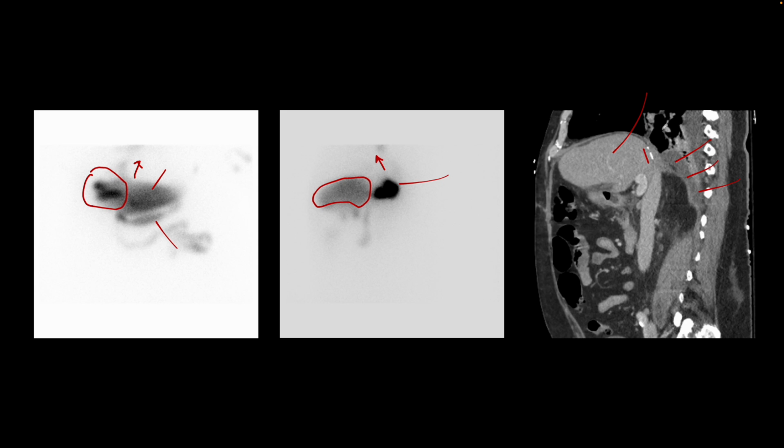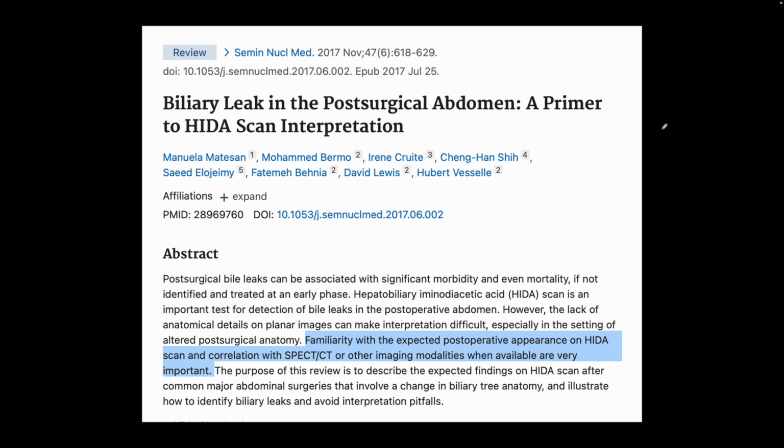So this patient had a post-surgical bile leak that was identified by the HIDA scan, and it was then further evaluated. Here is a good article on this topic, and the authors say that familiarity with the expected post-operative appearance on HIDA scan and correlation with SPECT-CT or other imaging modalities when available are very important.